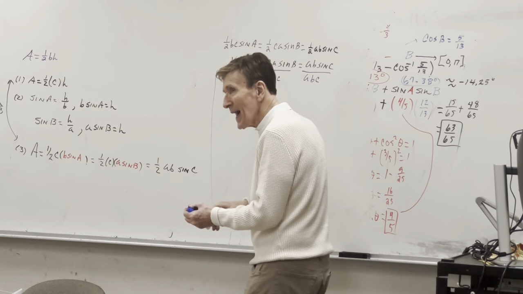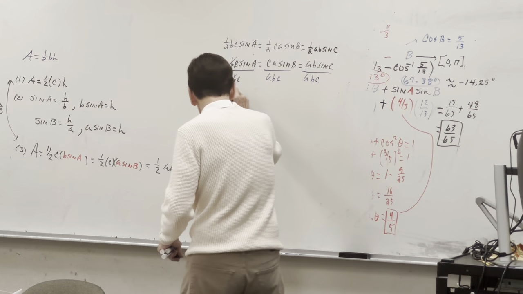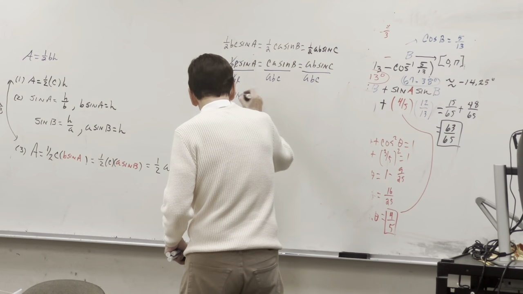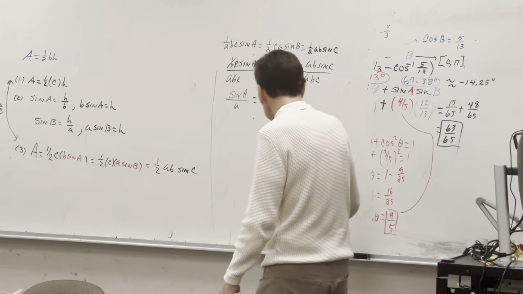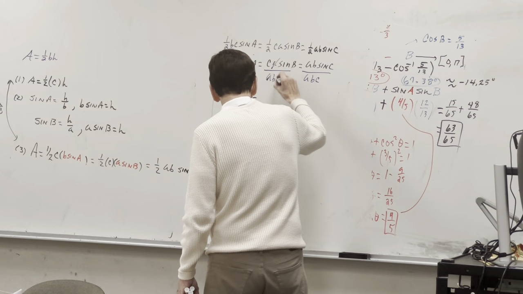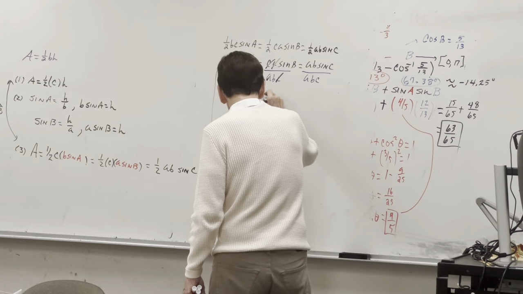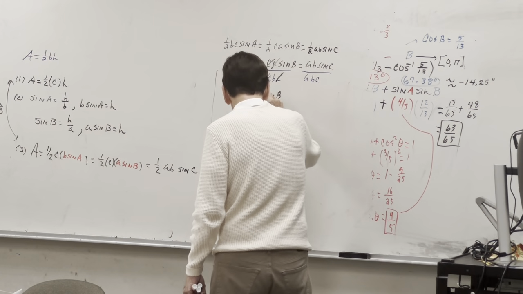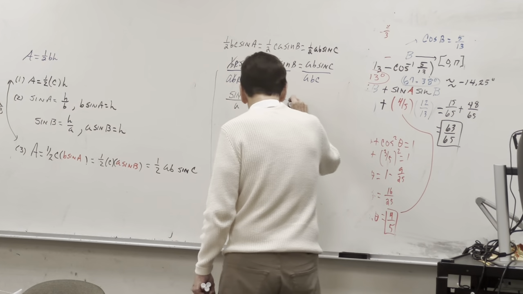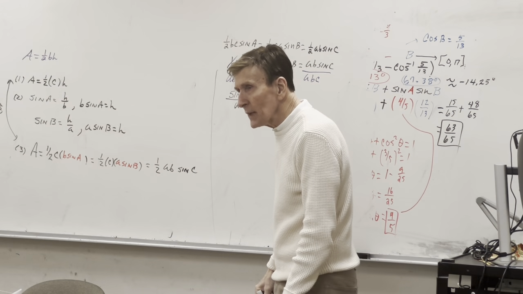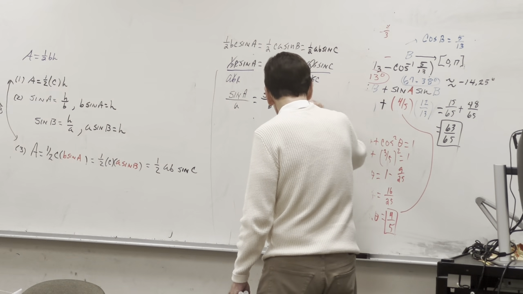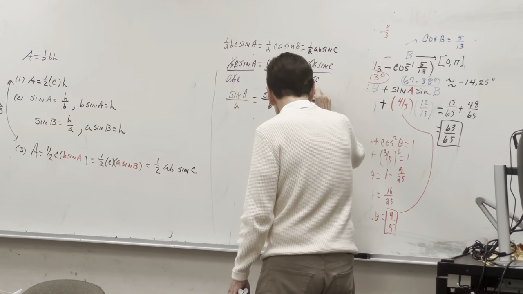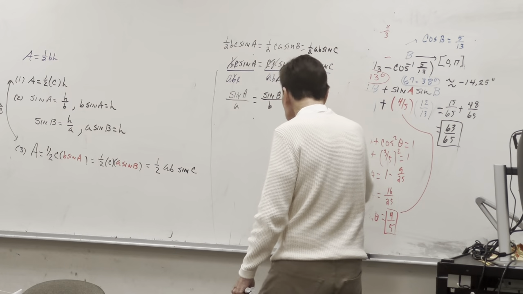I'm left with sine A, angle A, over lowercase a. Hang on. Next, see the A's canceling, C's cancel. I'm left with sine B, angle B, over lowercase b. How cute, how things are matching up. And the last one, looks like the A's cancel, B's cancel. I'm left with sine C, angle C, over c.